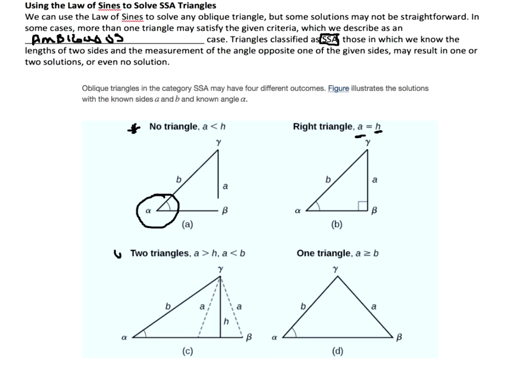Now here's the one that gets tricky. When we drop the height down, if our side A is longer than that height we drop down, and you can see if I drop that plumb line straight down, that's going to create those right angles.